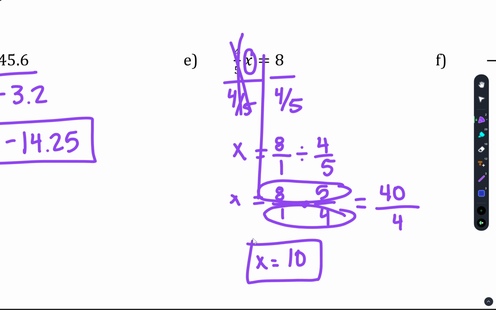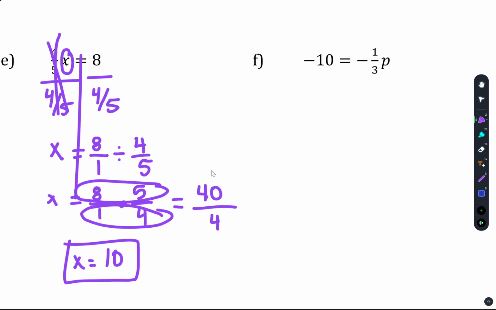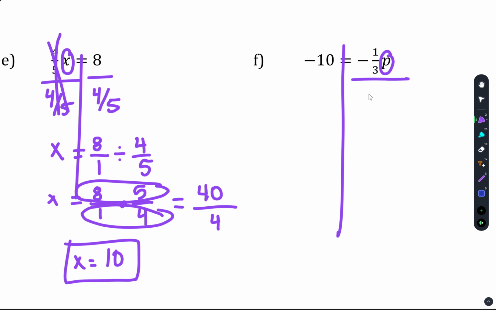I'm going to do it one more time because I know it gets a little bit tricky here with the fractions. Letter F. Draw my line. Here's my variable. That's what I'm trying to get by itself. I know that I am dividing by this -1/3 because it's currently being multiplied to the p. So it cancels out on the right side. And on the left side, I got to think about it a little bit.